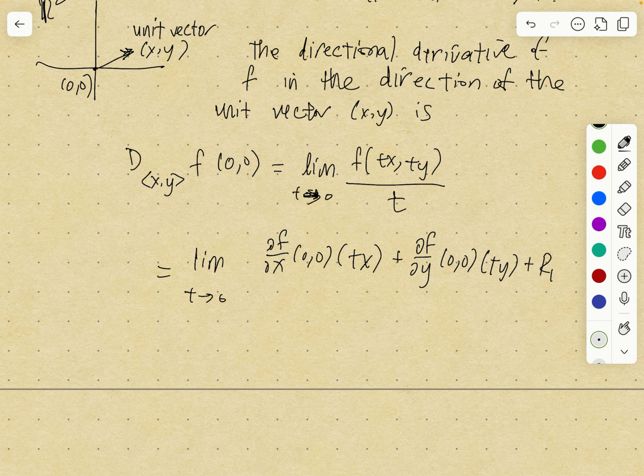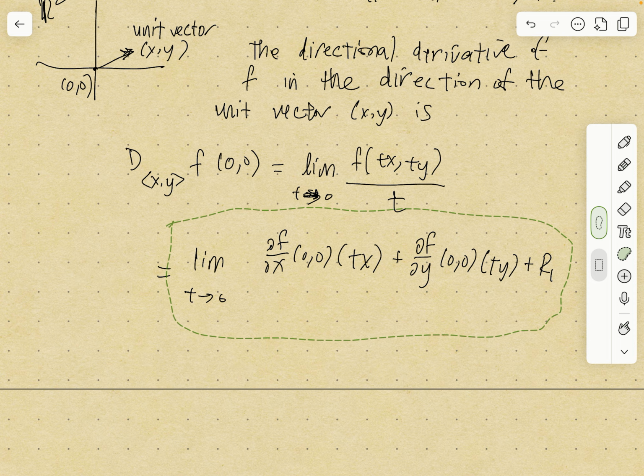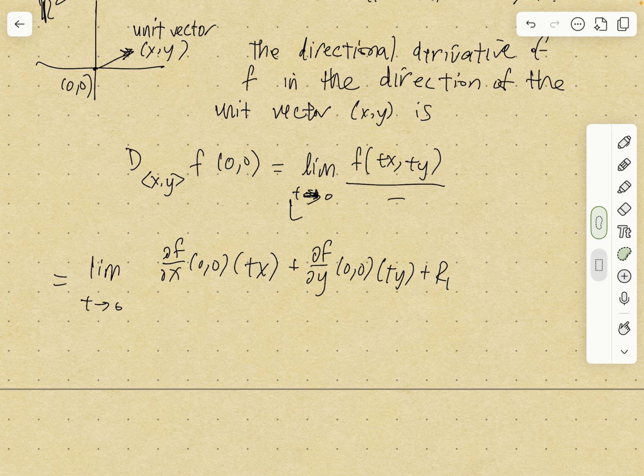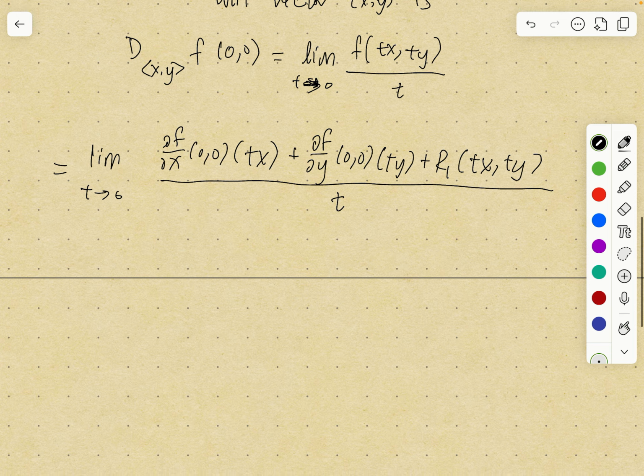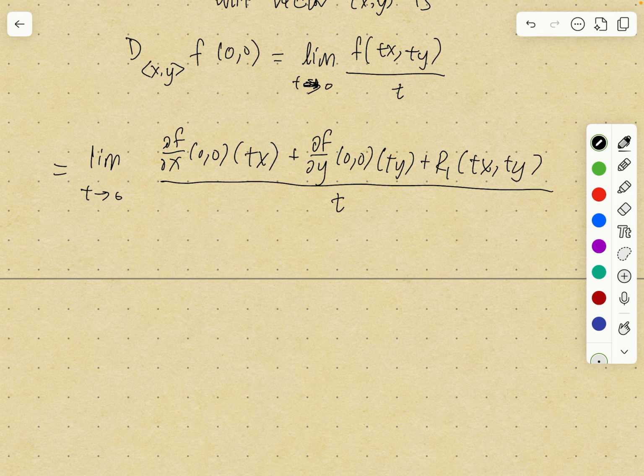Oh, I didn't leave enough space. R sub 1 of tx comma ty, this divided by t. Okay, that's just the definition of R1.